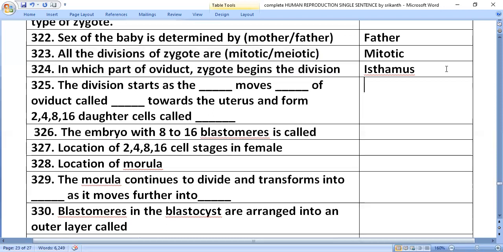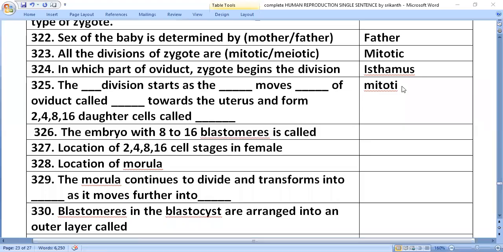The mitotic division starts as the zygote moves through the part of the oviduct called the isthmus towards the uterus, and forms 2, 4, 8, 16 daughter cells called blastomeres.